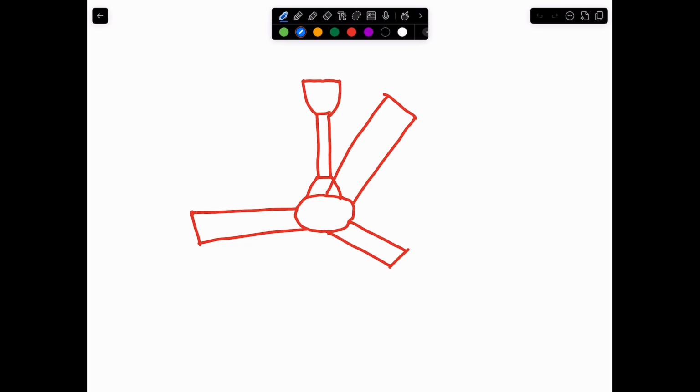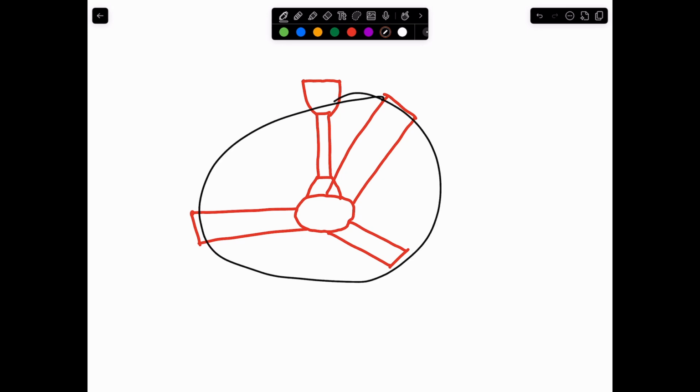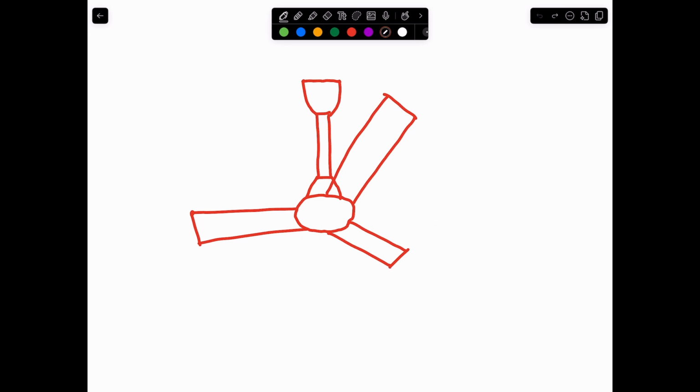If you look up and look at a ceiling fan, its blades are all moving in the same direction in a nice circular path. Of course, this drawing is of a certain perspective, so it's not going to look like a circle, but if you are right under a ceiling fan, you'll see the blades are moving in a circle pretty consistently, and by consistently, I mean the speed isn't changing.